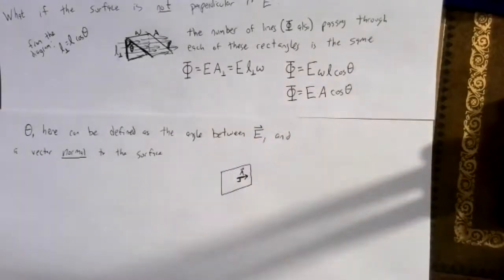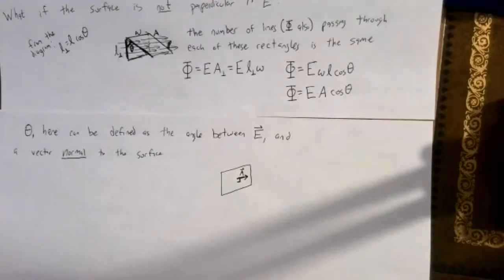So if your computer screen is a surface, the normal to that surface would be pointing directly out of the screen at you. If the floor is the imaginary surface, then normal to that surface would be pointing straight up, or straight down, I guess. It's kind of important to wrap your head around why we're using a vector that's normal to the surface.